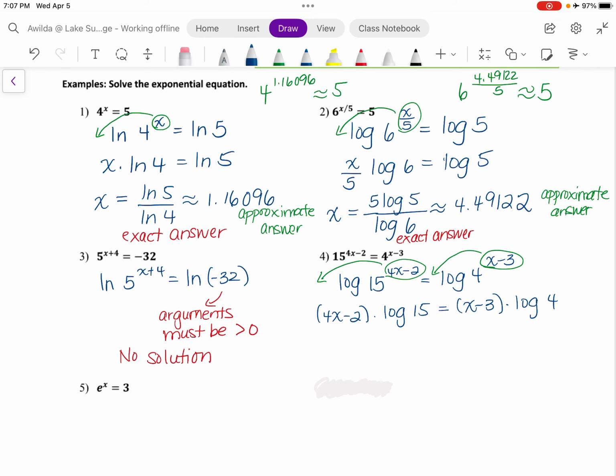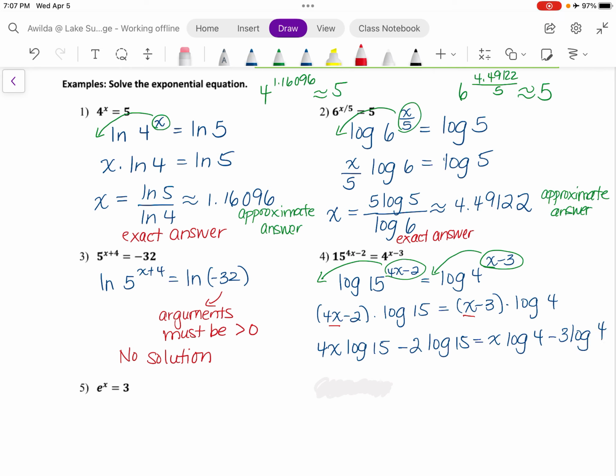So because I'm trying to isolate the x variable, and the x variable appears in multiple places, I'm going to distribute on both sides of the equation. So we have 4 times x times the common logarithm of 15 minus 2 times the common logarithm of 15 is equal to x times the common logarithm of 4 minus 3 times the common logarithm of 4.